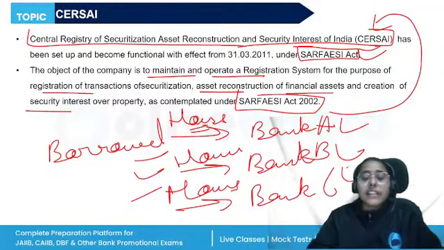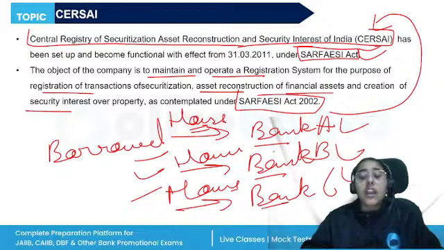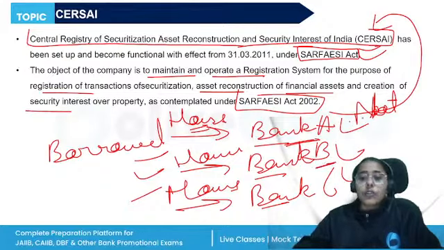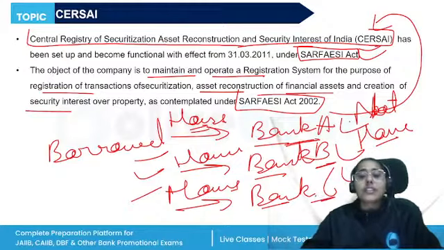This will depend on which of the three has gotten the charge registered first with CERSAI. So let's say bank A had given the loan but had not registered the charge. Bank B had given the loan and has registered the charge with CERSAI, and Bank C has not checked on the CERSAI site whether it is unencumbered or not, and has also given out the loan, right?